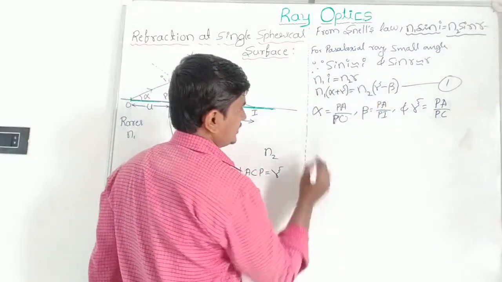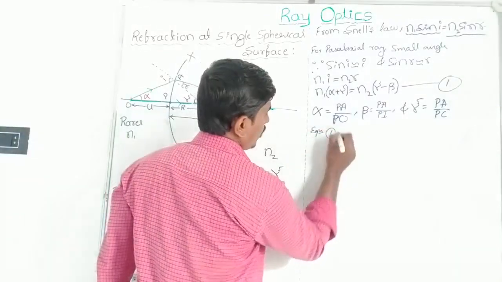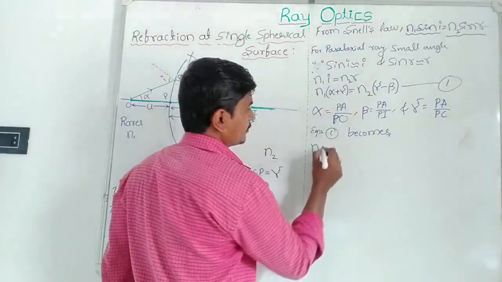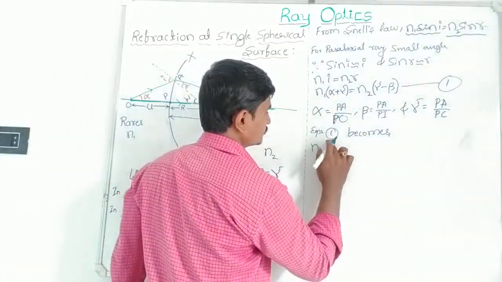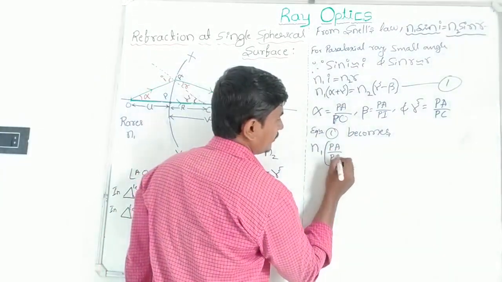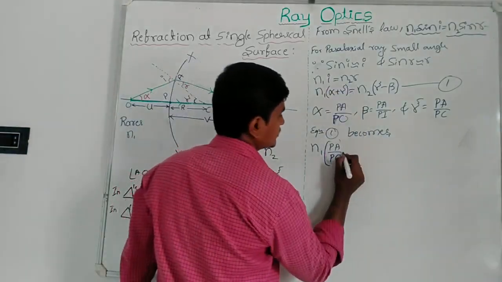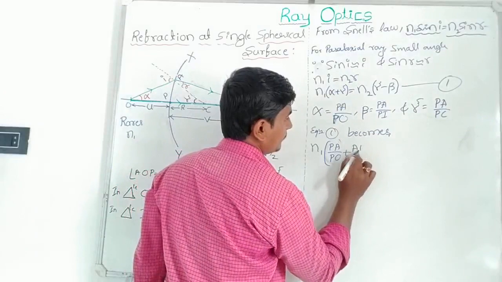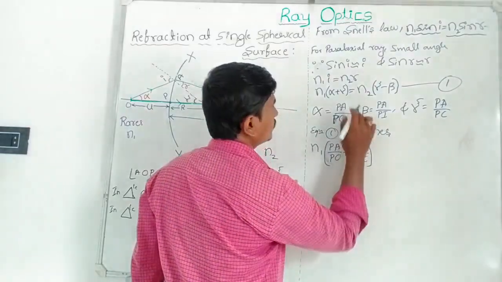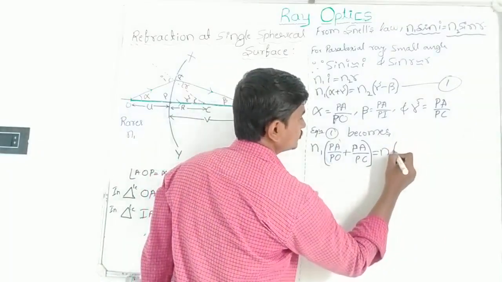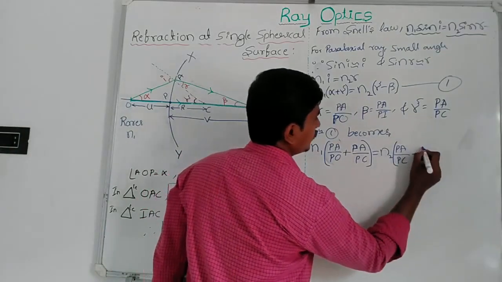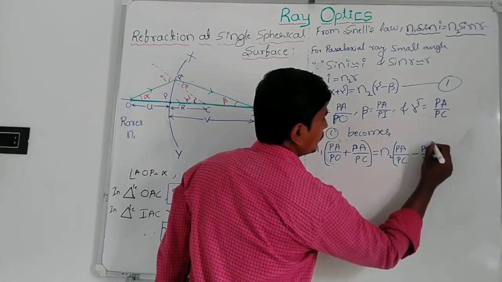Hence, substitute these values in the above equation 1. It becomes n1 into (PA divided by PO plus PA divided by PC) equals n2 into (PA divided by PC minus PA divided by PI).